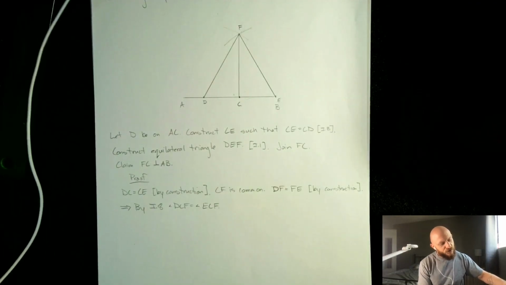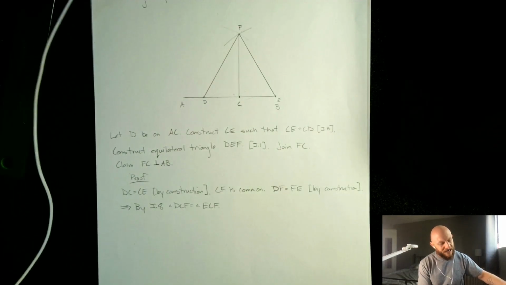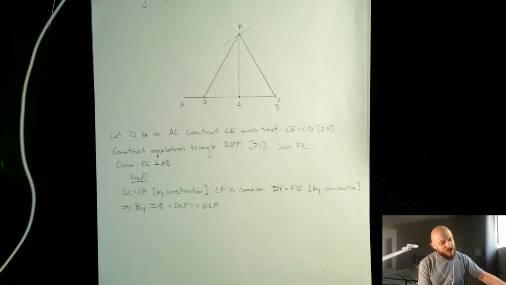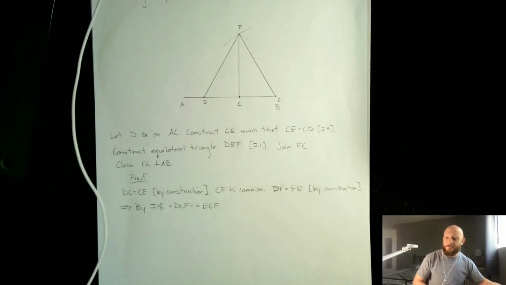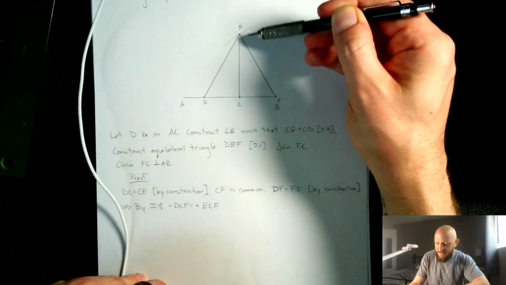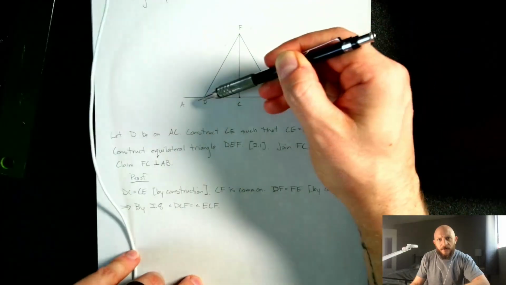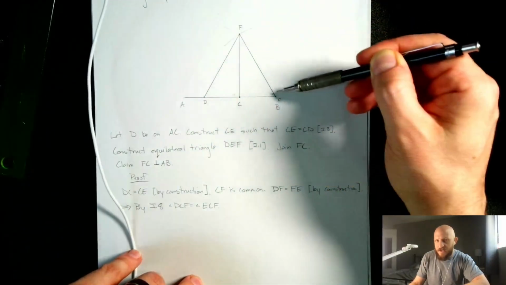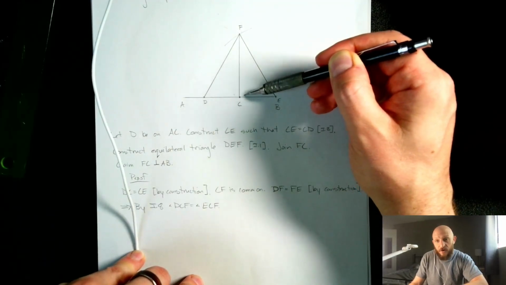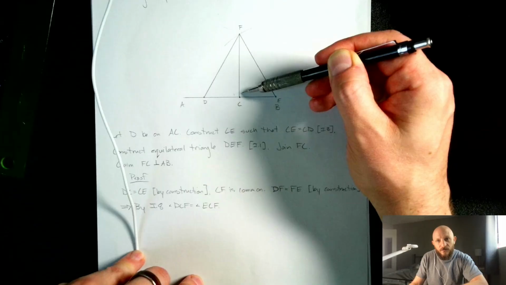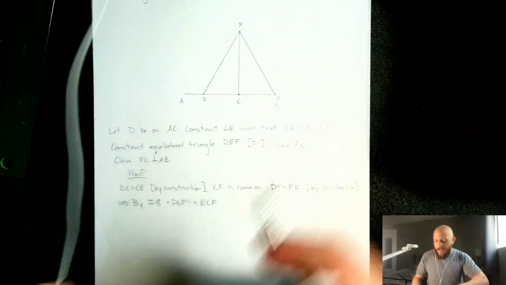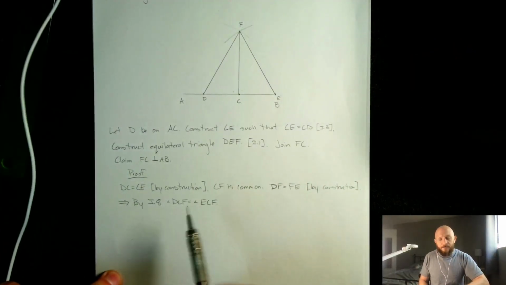It says, but when a straight line set up on a straight line makes the adjacent angles equal to one another, each of the equal angles is right. So when we have this straight line, FC, set up on another straight line, AB, in such a way that the adjacent angles formed are equal, that means that the angles are right. And that's what we just found.